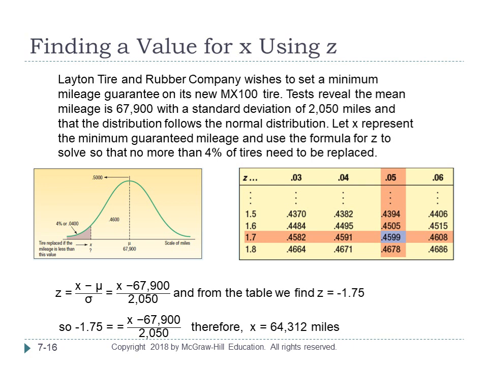In this problem we have a tire company. Leighton Tire and Rubber Company wishes to set a minimum mileage guarantee on its new MX100 tires. Of course, companies that sell new tires have to give a warranty. So for the warranty, they should know what to expect, how long the tire can be driven before it gives out.